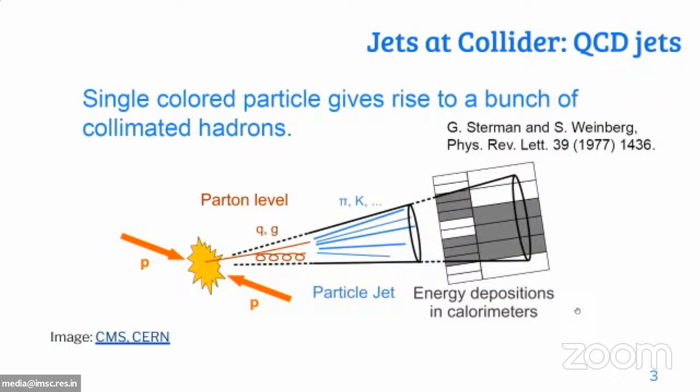Those hadrons are extremely collimated and are detected at the detector, and the collection of those collimated hadrons we usually capture and call a jet. That is the appearance of the QCD jet. We say they tend to be light and narrower in size.